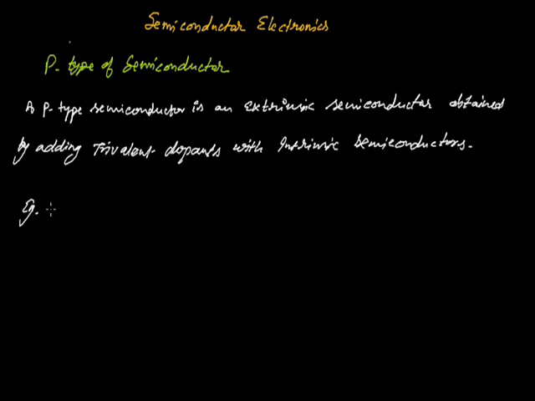The examples of trivalent dopants are aluminium, boron, indium.